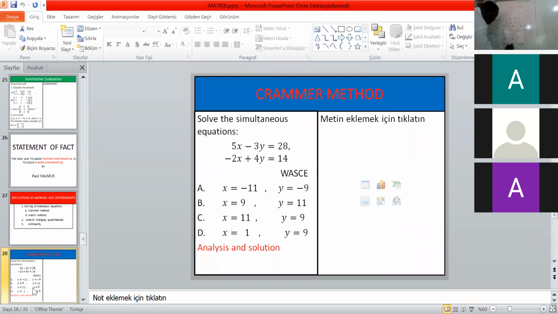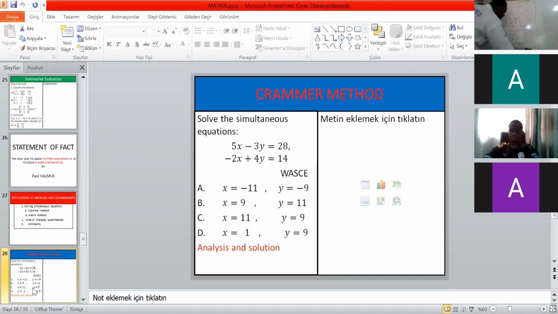Now what's 3 times 14? 3 times 4 is 12, carry 1; 3 times 1 is 3, plus 1 is 4, so 42. Summing this gives 154.